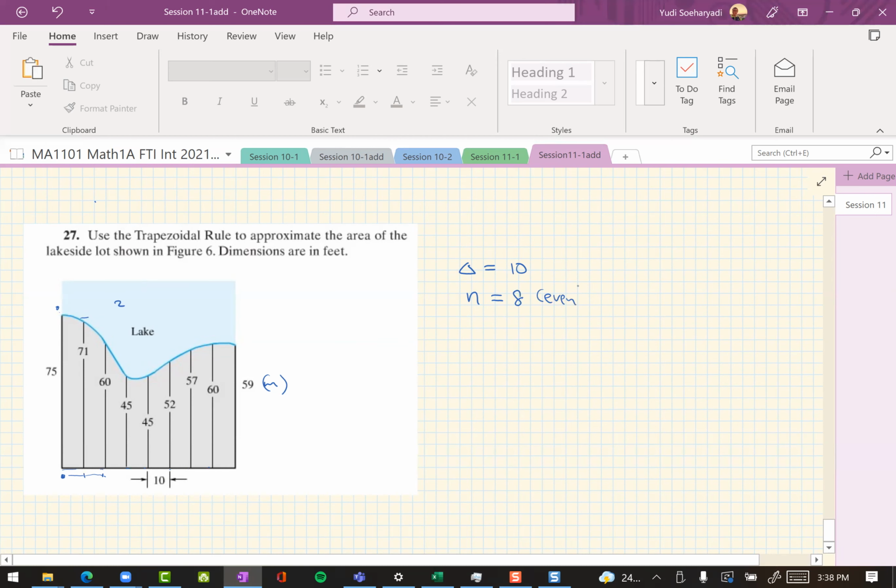So that's even, so we can use trapezoidal rule. Why we need even? We'll see.